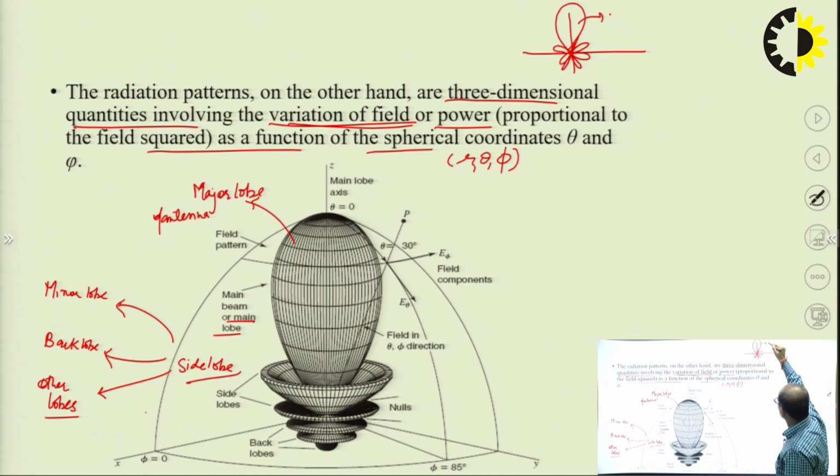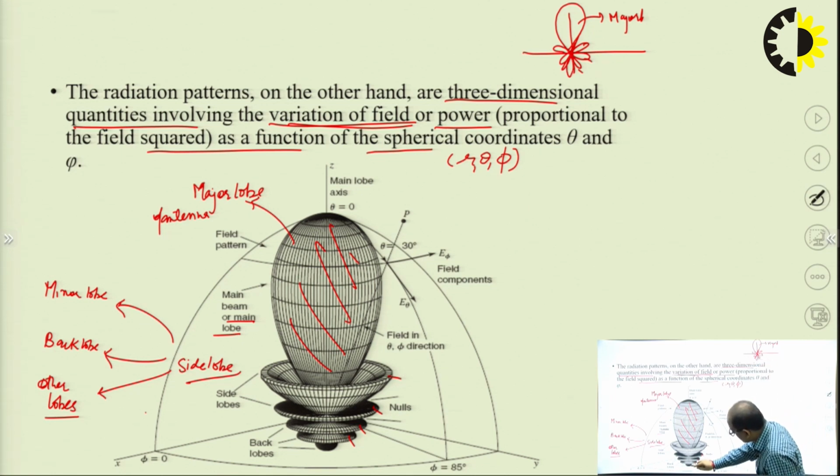This one is the major lobe, which represents this area. These are the side lobes. These are the side lobes. Clear? And this one will be the back lobe, which is opposite to the main lobe.